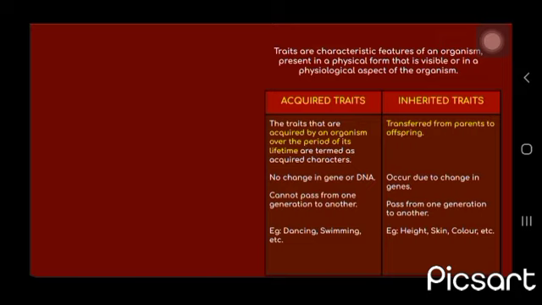Acquired traits do not involve change in genes or DNA, whereas inherited traits occur due to a change in DNA. Acquired traits cannot pass from generation to generation, but inherited traits can pass from one generation to another.